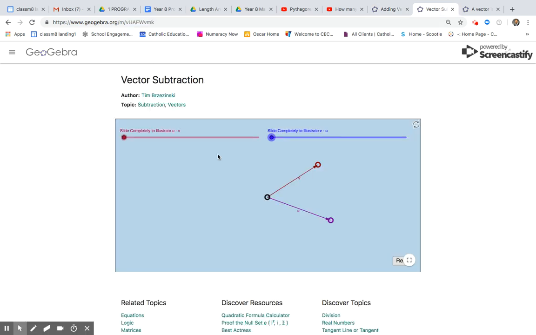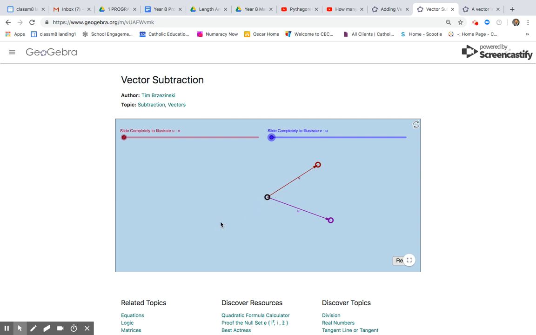If we were looking at vector subtraction, if this is our u and this is our v, so if we were to add them, u plus v is somewhere out here. So that would be the resultant vector, u plus v. If we were to minus them, and they will be different, if it was going to be u minus v, well, this is plus v, so minus v is going to be down here somewhere.